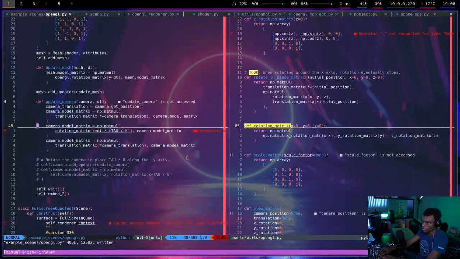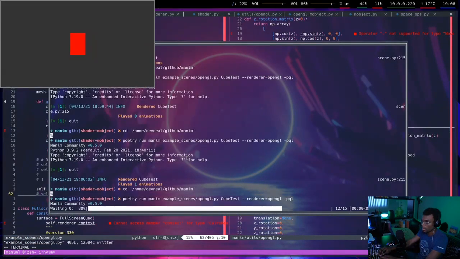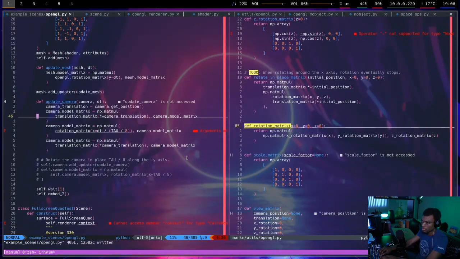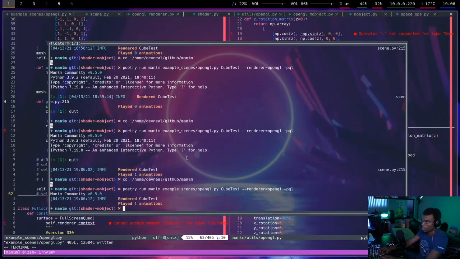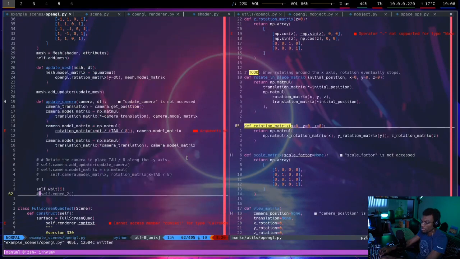Wait, no updater. Oh, I want to just stop after that. Oh, this is what's happening to the camera. Wait, no, this doesn't make sense.